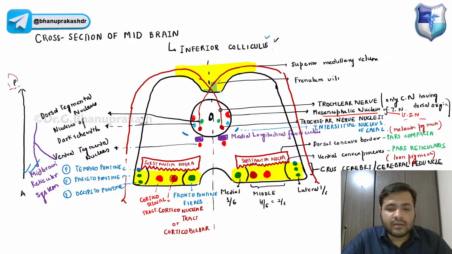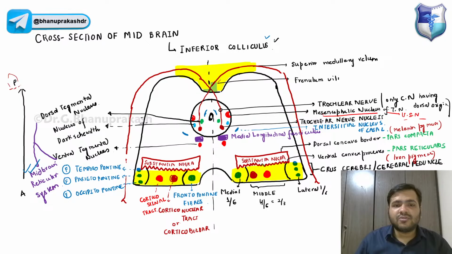So that is something you already know. Now, coming on to the next one, we have the dorsal longitudinal fasciculus of Schutz. This dorsal longitudinal fasciculus of Schutz is present on the sides of the aqueduct of Sylvius.